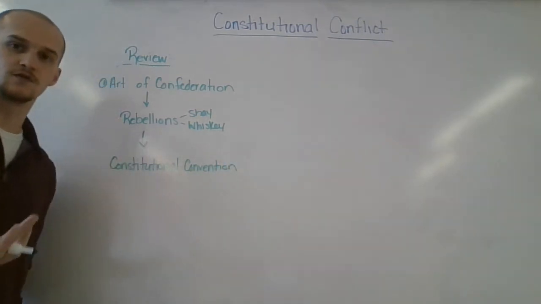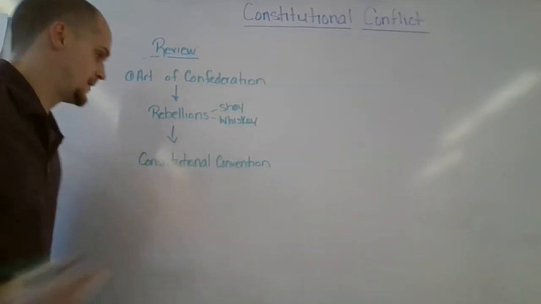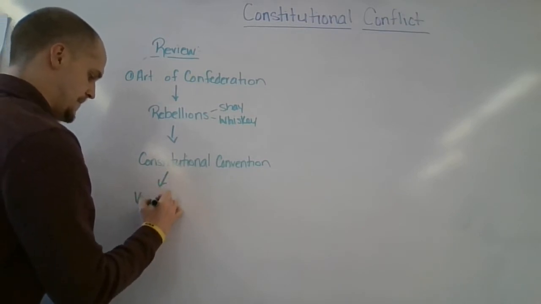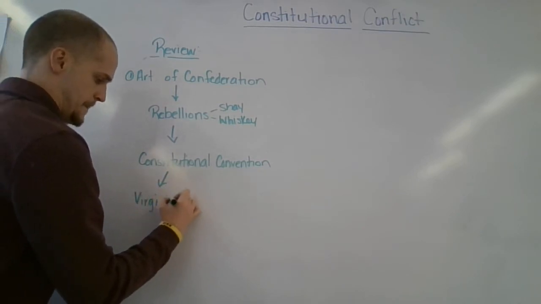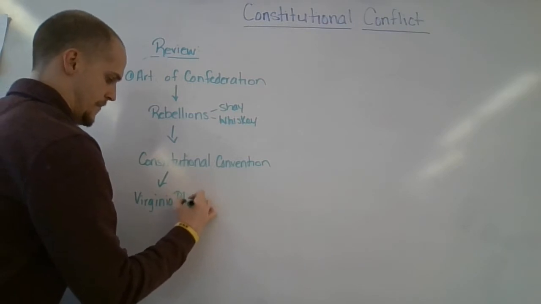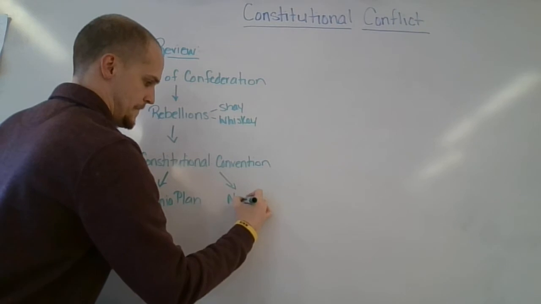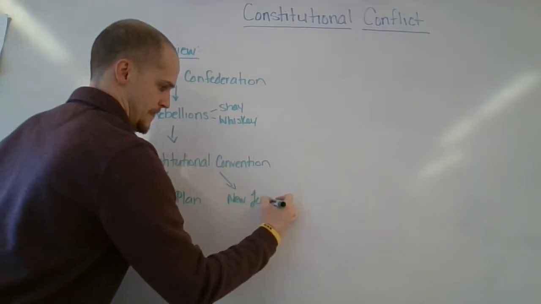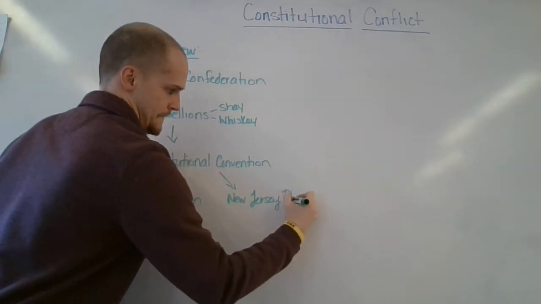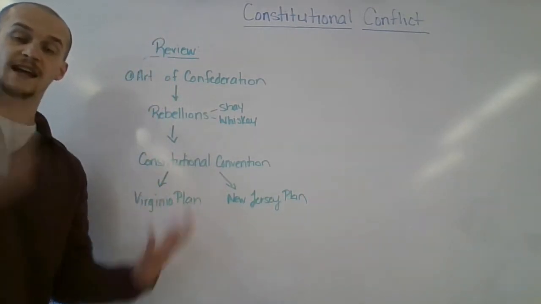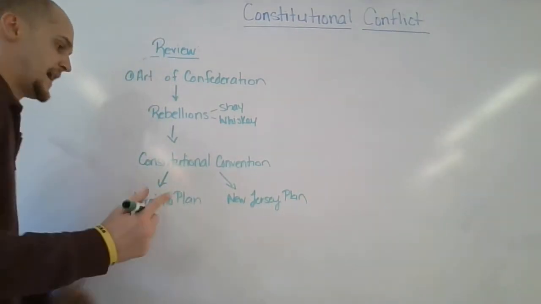At the Constitutional Convention, you had two plans. You had the Virginia Plan and you had the New Jersey Plan. Well, both sides couldn't agree, so they had to come together. They had to meet in the middle in a compromise.